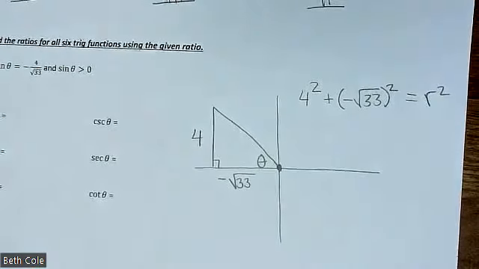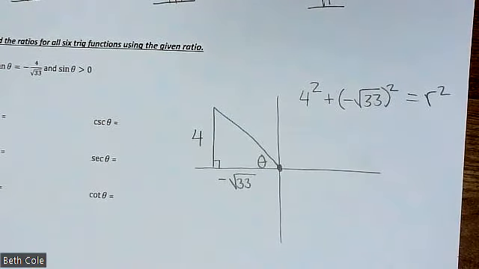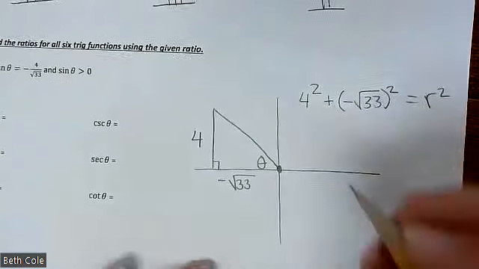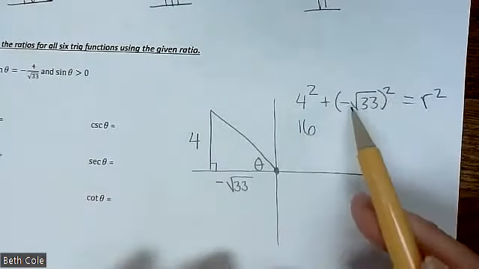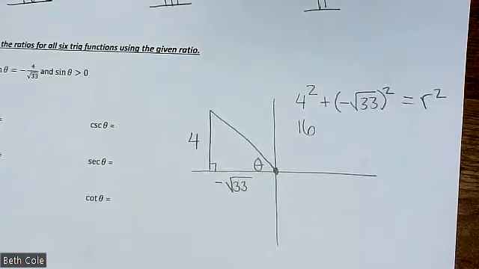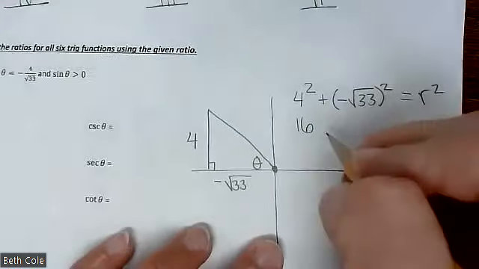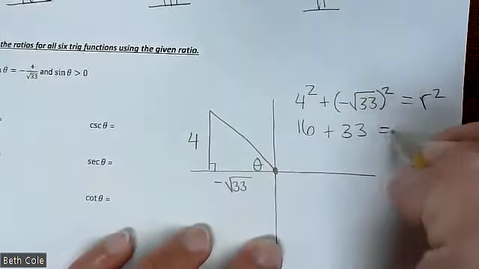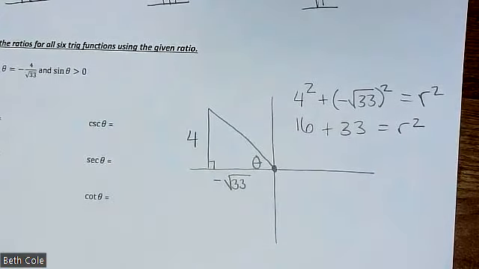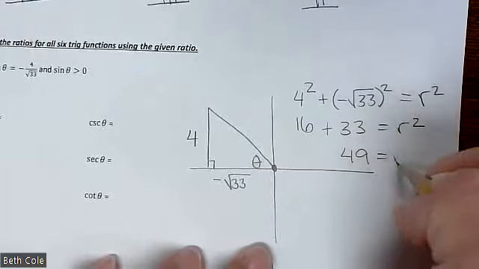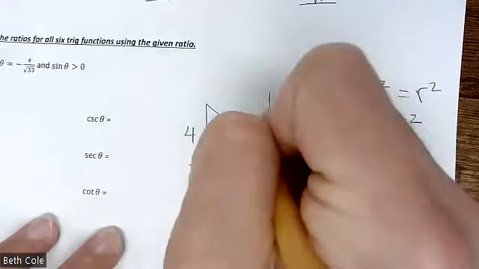It's your Pythagorean theorem. So 4 squared, good. When you square something negative, it will turn positive, and also it would just be 33, perfect, because the square root and the squared cancel. I did that on purpose. And I did that on purpose too. So you get just 7.